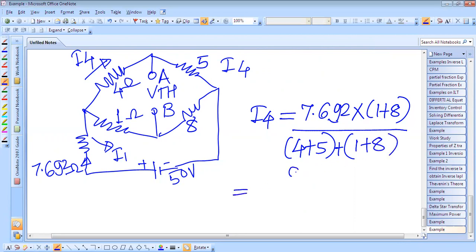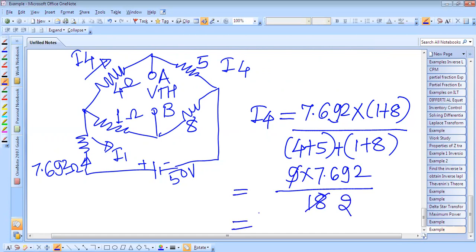Therefore we calculate this 9 into 7.692, 9 plus 9, 18. So this should be coming equal to 3.846 ampere.